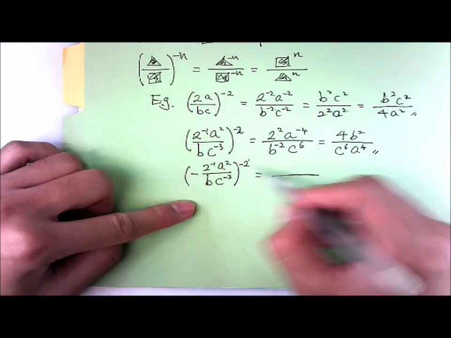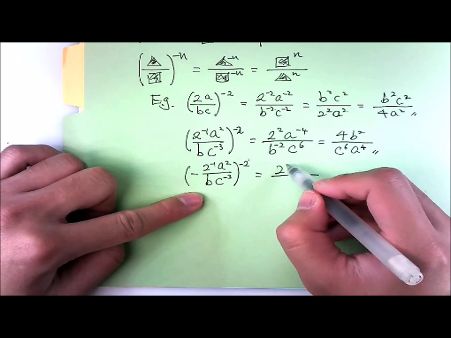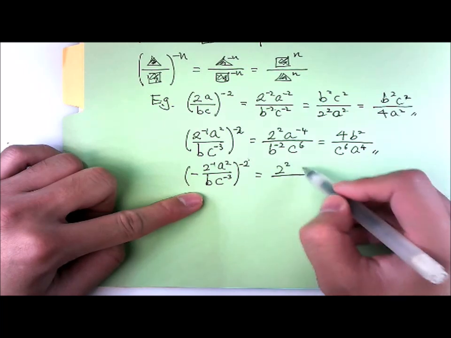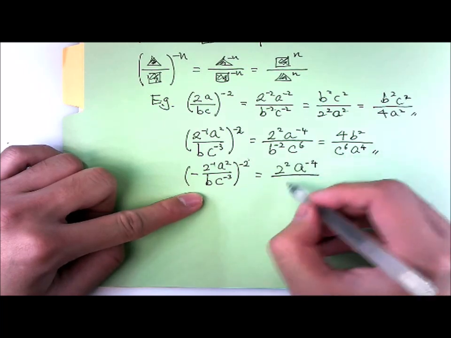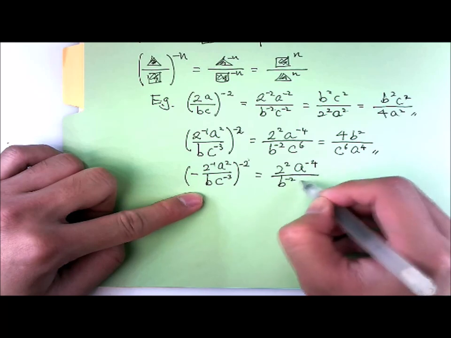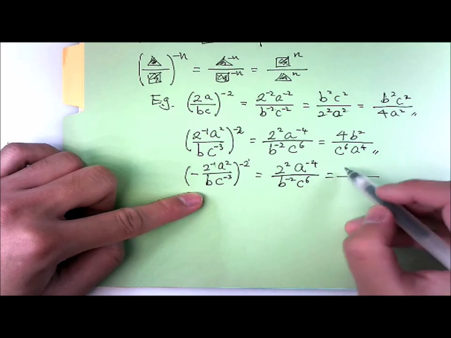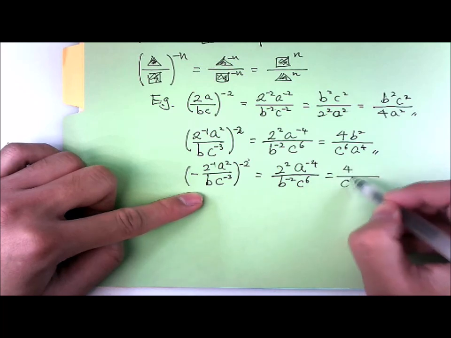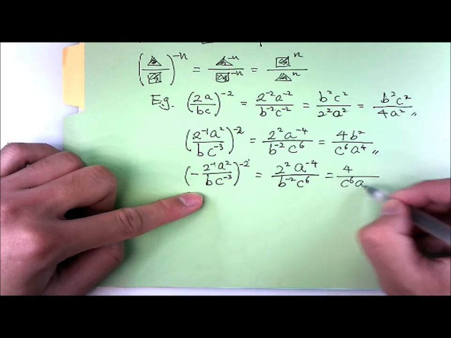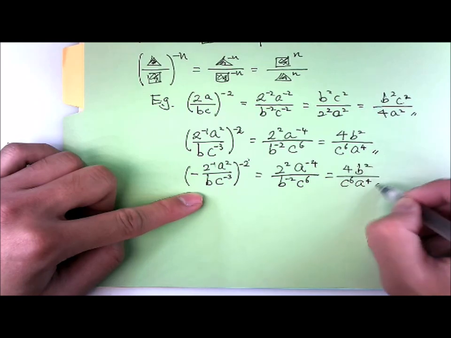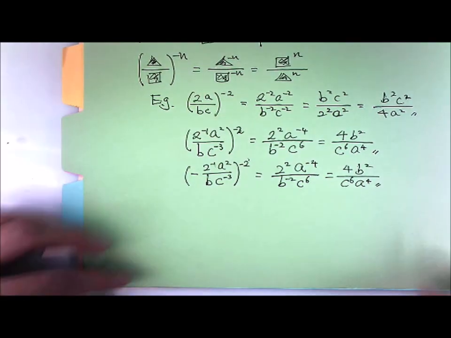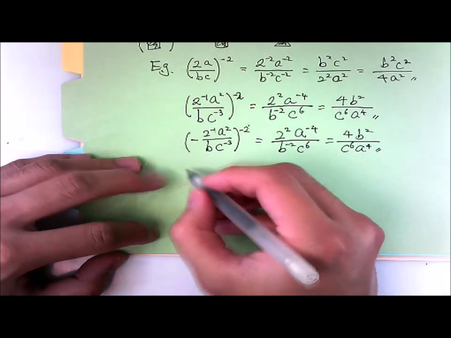Okay? Just give a fresh line and then keep going, calculate. Okay? And then here minus 2 times is positive 2, a to the power negative 4. You know. Okay? This and then this. Understand? So keep going. So this is 4. This is c to the power 6. Keep it. And then a to the power 4, b to the power 2. Understand? Is it okay? So keep going.